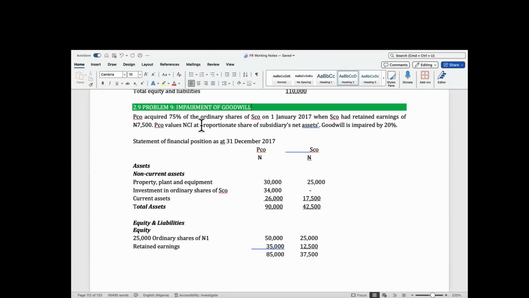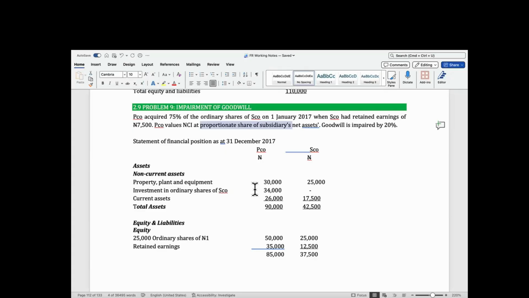PICO values NCI at proportionate share of subsidiary's net assets. Goodwill is impaired by 20%. Okay, so the same question. The only difference here is that goodwill is impaired by 20% and NCI is measured at proportionate share.